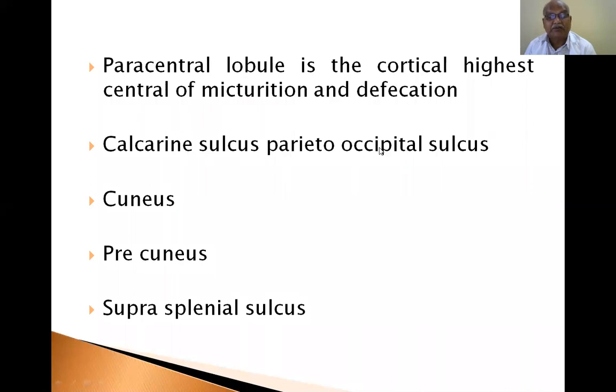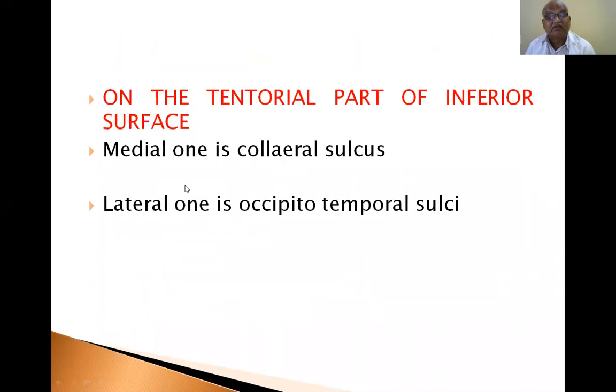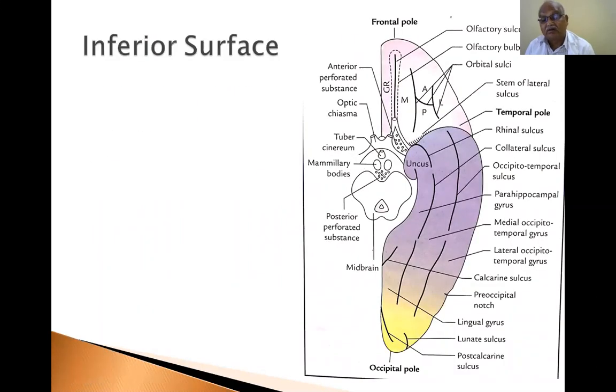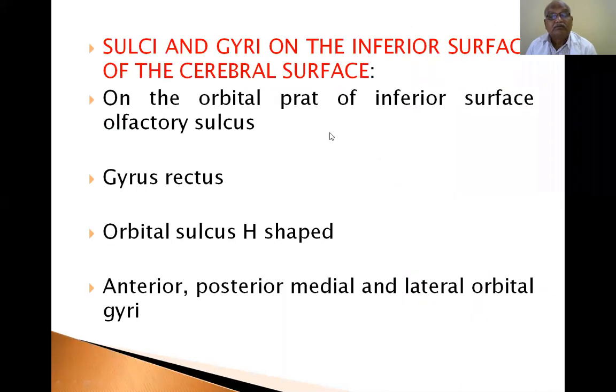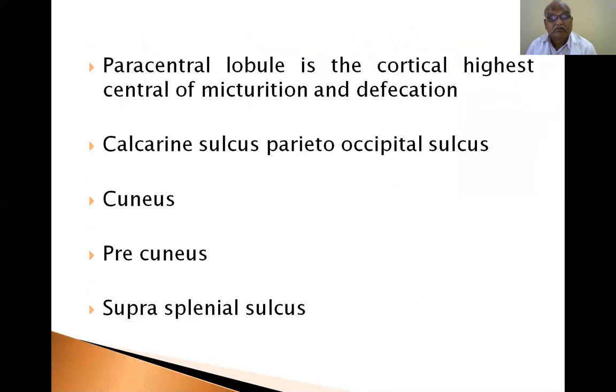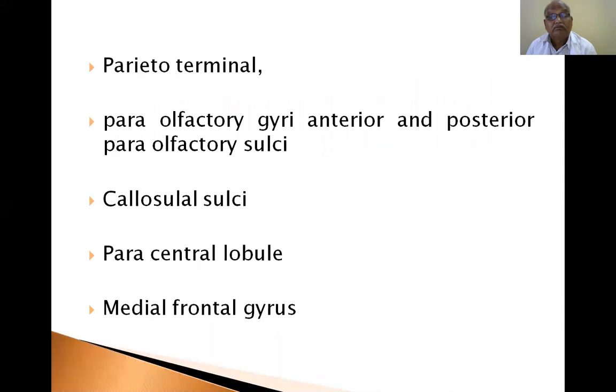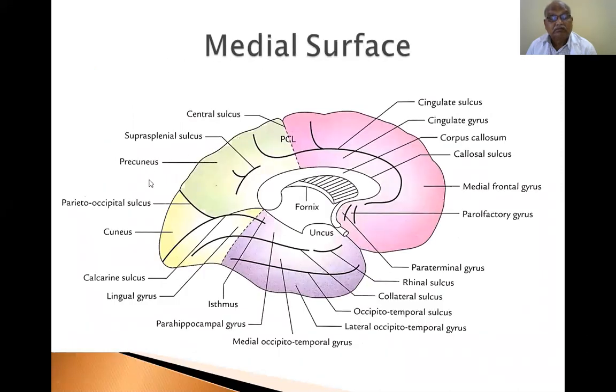Calcarine sulcus, parieto-occipital sulcus, cuneus, precuneus, suprasplenial sulcus. This is the parietal lobule and this is the occipital lobule.